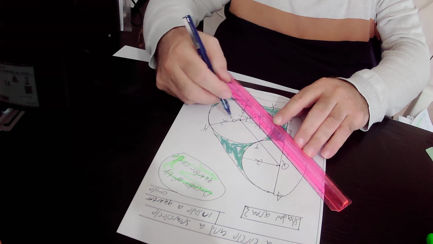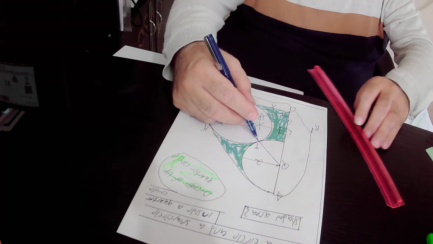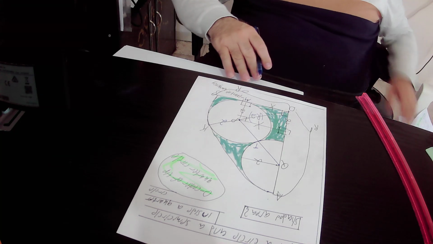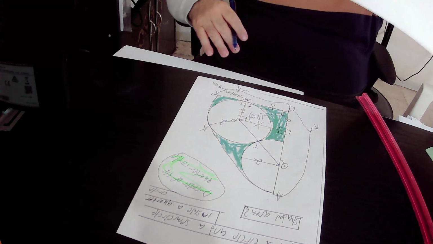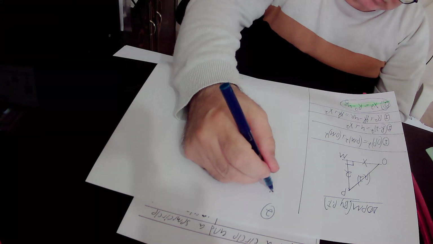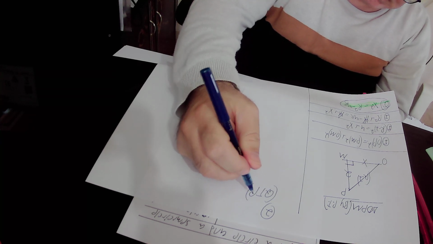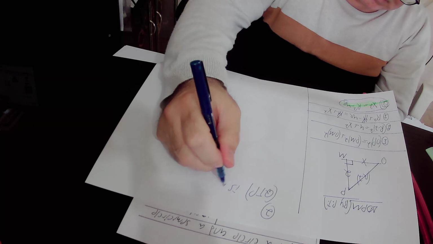The straight line QP must pass through point T, that is to say QTP is one straight line. Okay, so line segment QTP is one straight line.